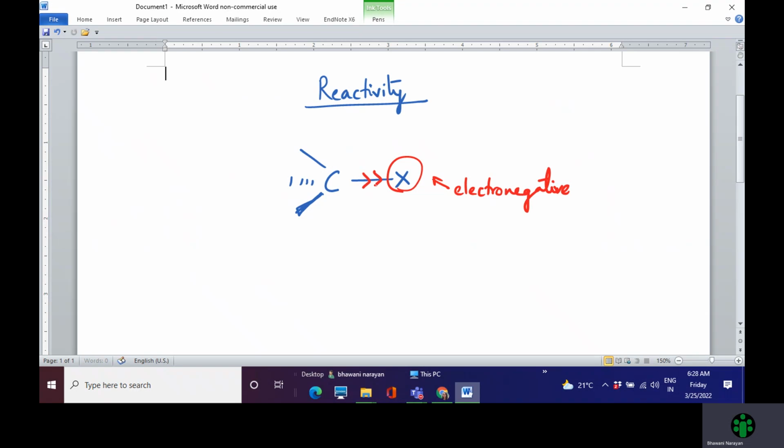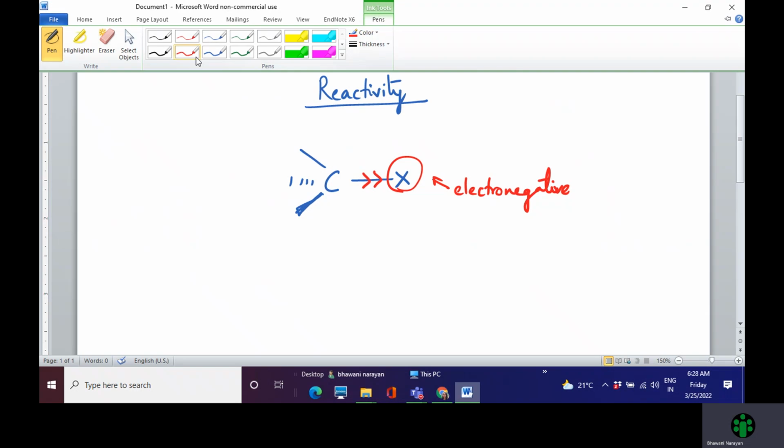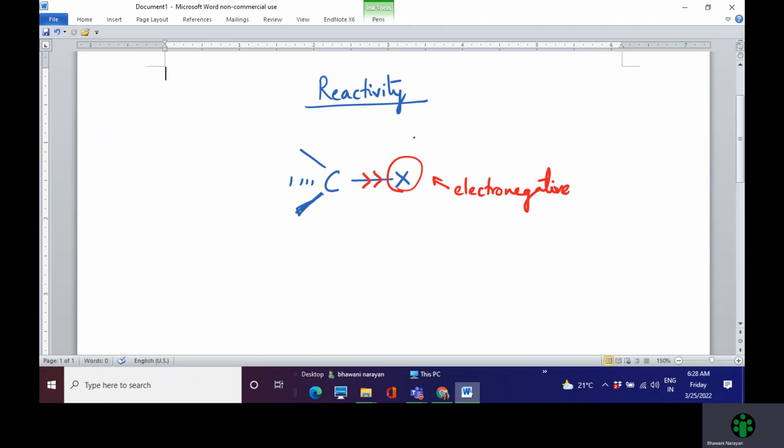It pulls all the bonding electrons towards itself. And this creates partial positive and partial negative charges in the molecule. So the electronegative halogen atom acquires partial negative charge while the carbon acquires a positive charge. What happens in the molecule then? It becomes polar. It acquires polarity, and therefore this molecule is highly reactive.